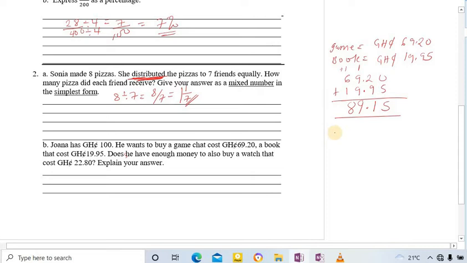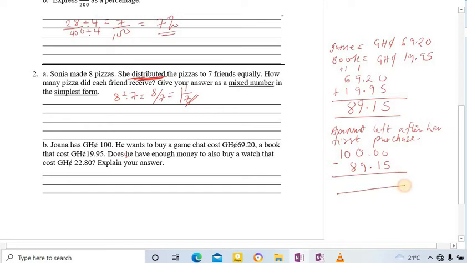So the amount left after her first purchase would be 100.00 minus 89.15. So much will be left for her to pay.